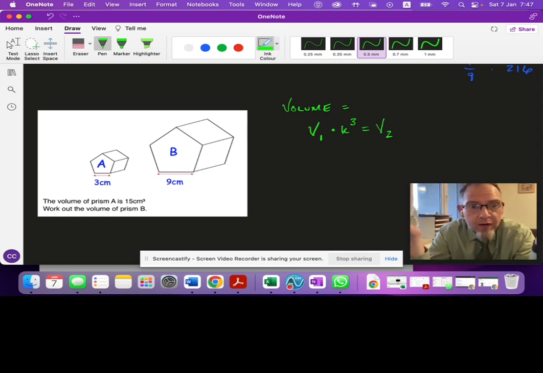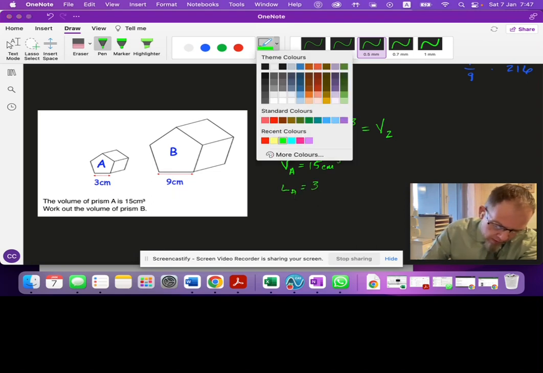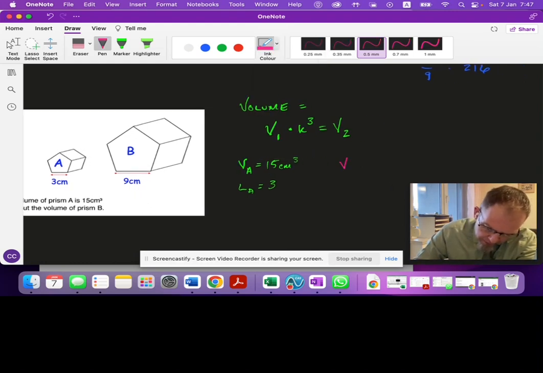So we have these two prisms here. They're pentagonal prisms. The first one, we know the volume of A is going to be 15 centimeters cubed. We also know the side length of A is 3. Now, the big one that we want to find, the volume of B, well, that's what we're after, but we know that its side length is going to be 9.